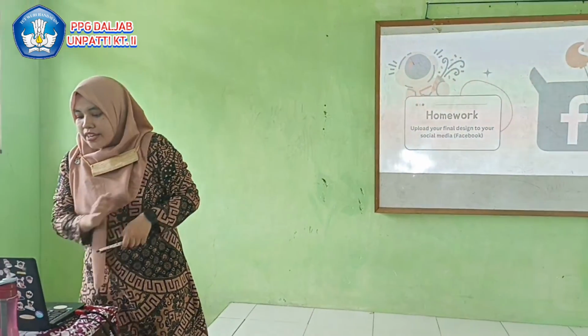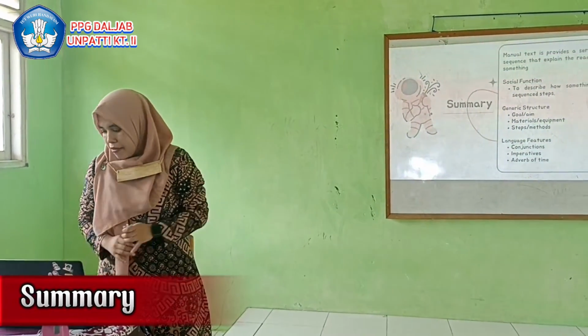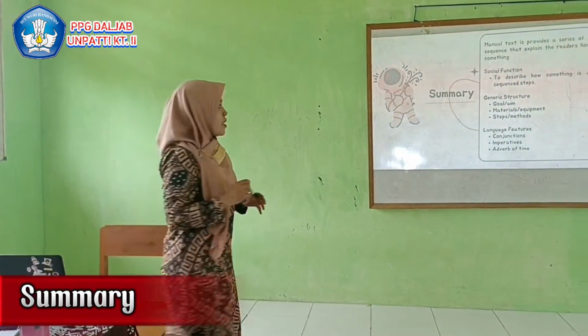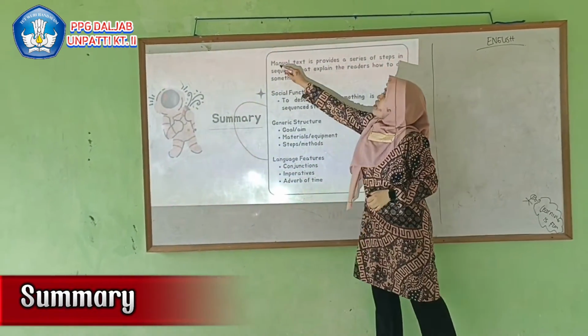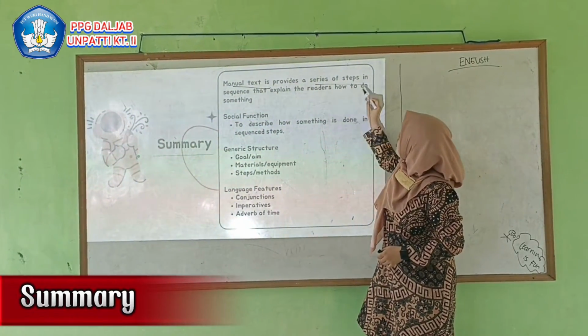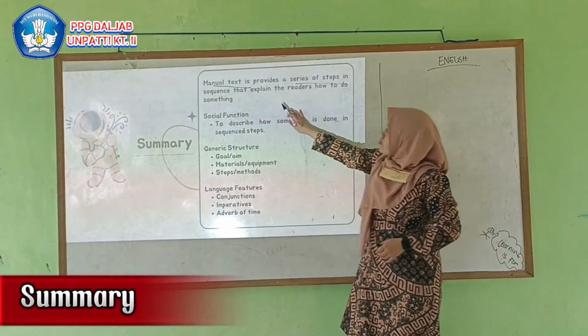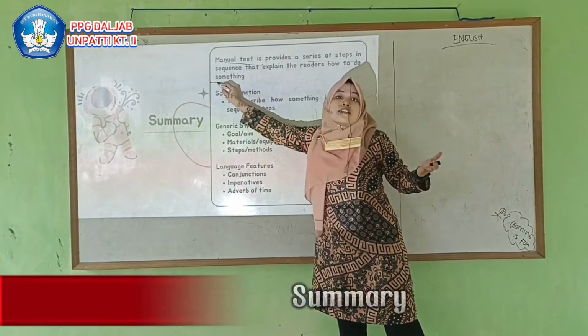So next is our summary for today's material. So for the summary, we start from the definition of the manual text. It is about a series of steps in sequence that explain to the readers how to make or how to do something.